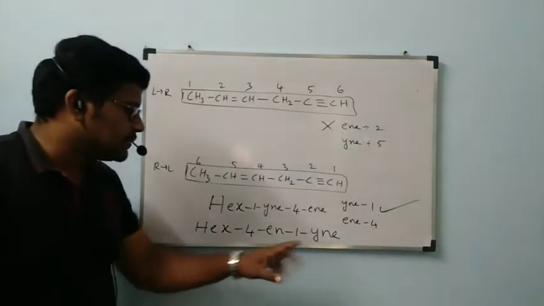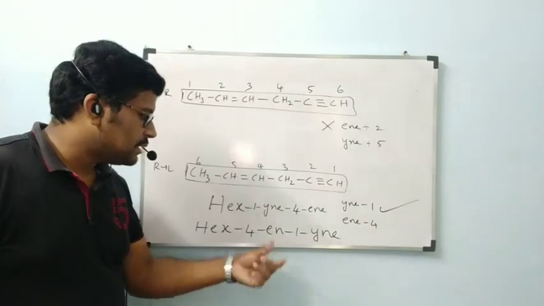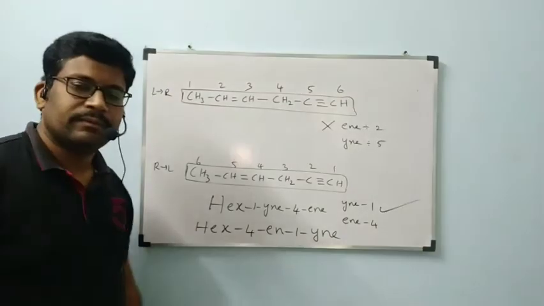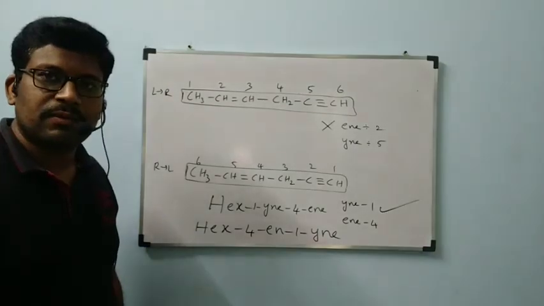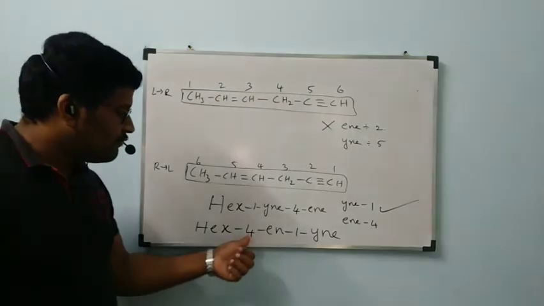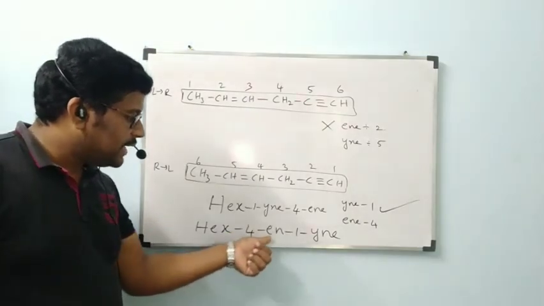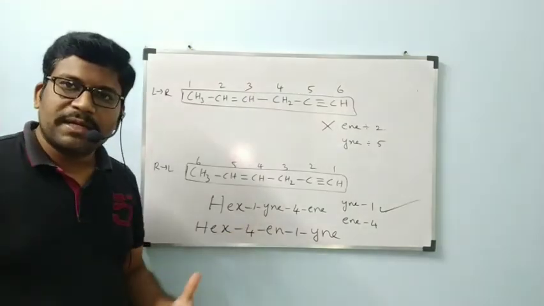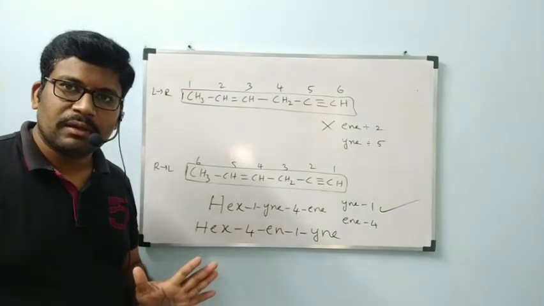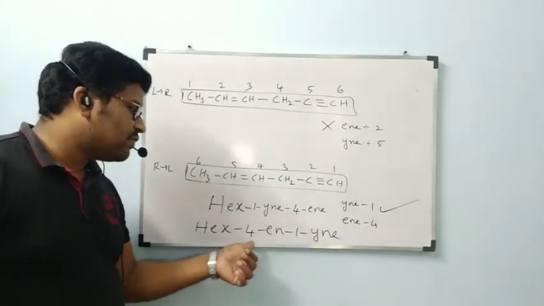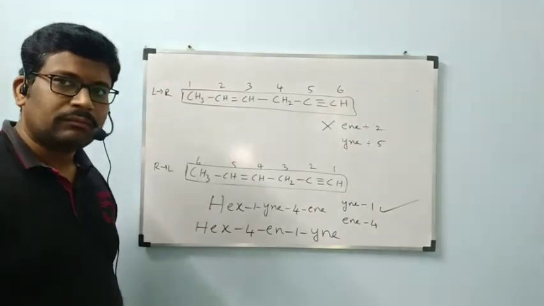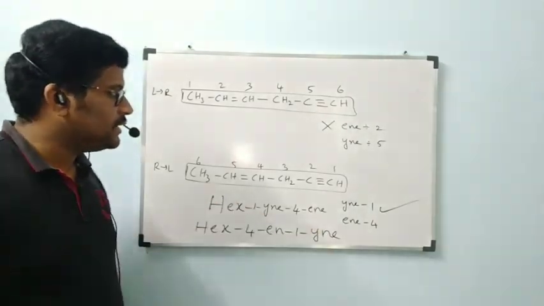Here continuation must be there, no? That's why I am removing this E. Hex 4 en 1 yne. Fourth position same I wrote, no. E and Y alphabetical I wrote, that only. Hex 4 en 1 yne. Hex 4 en 1 yne.